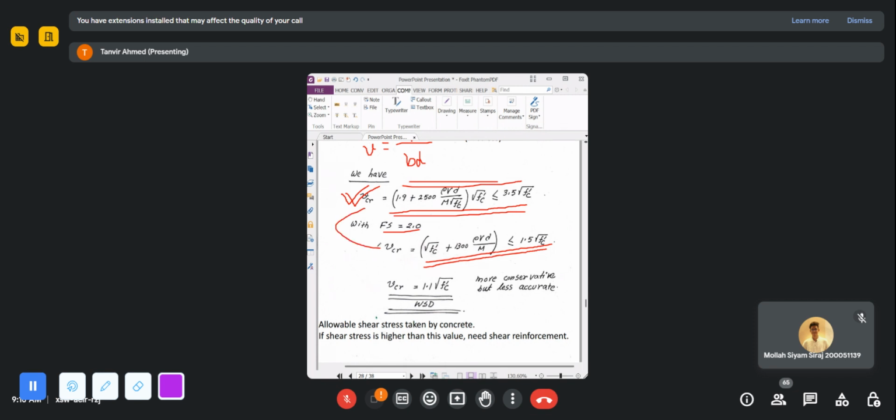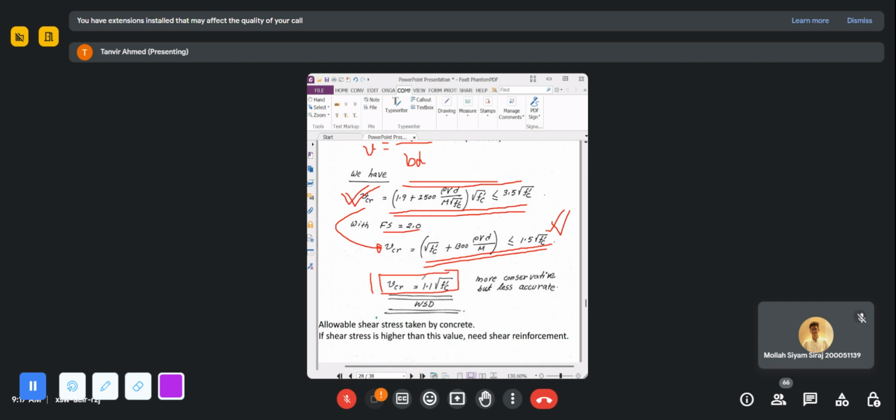This is the WSD method, and this is the more accurate equation with the factor of safety. But what you can do, you can use even a simpler one like this.